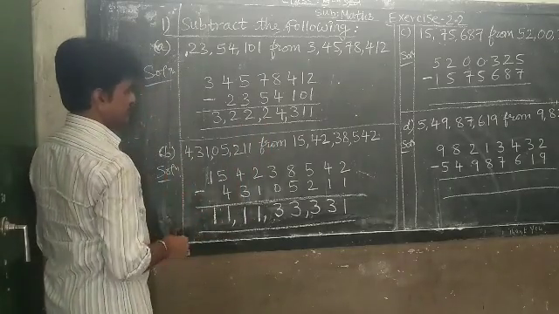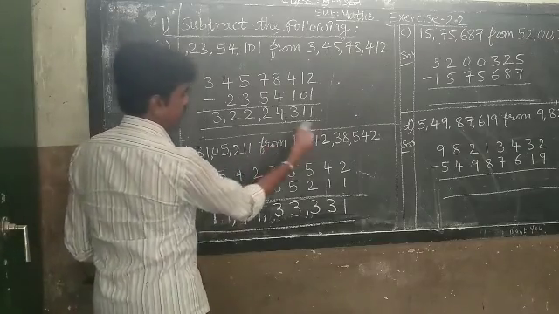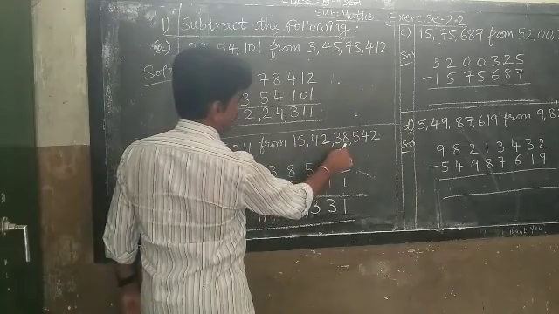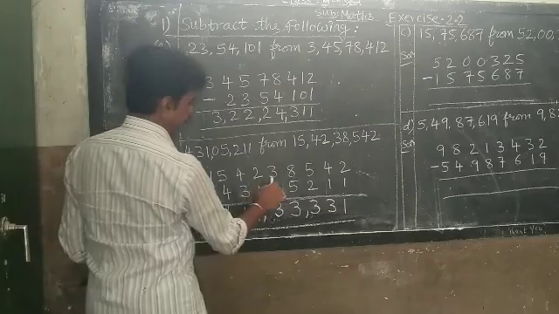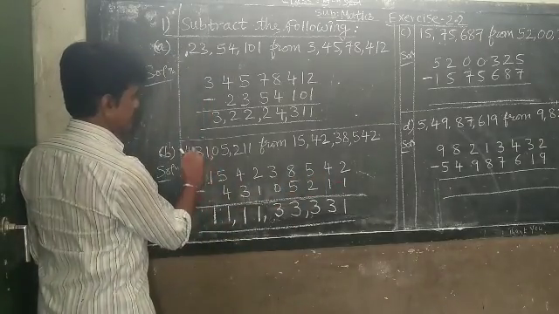Next, B question. These two numbers are given. From the right side, you have to take 15 crore 42 lakh 38,542. This number you have to write neatly at the top. Below it you have to write the other number, the left side number.